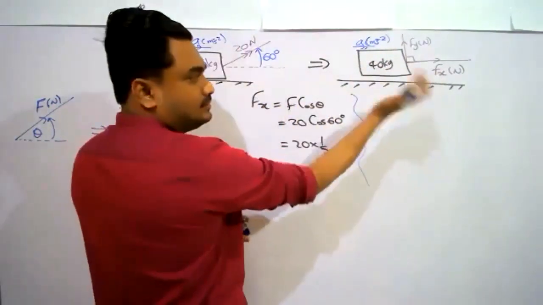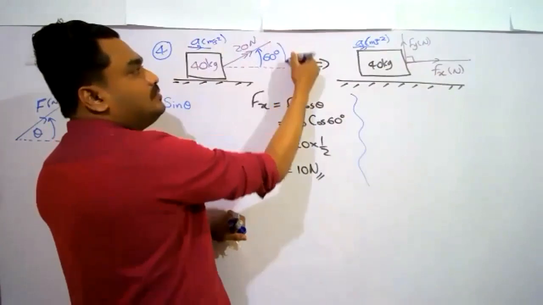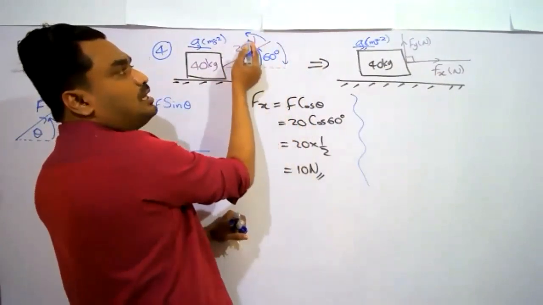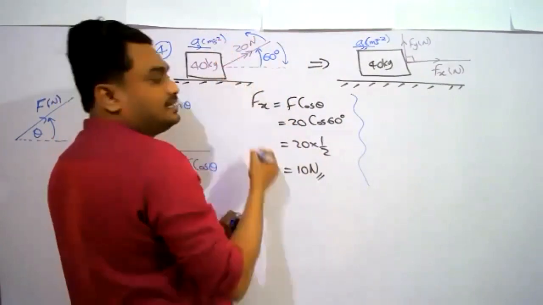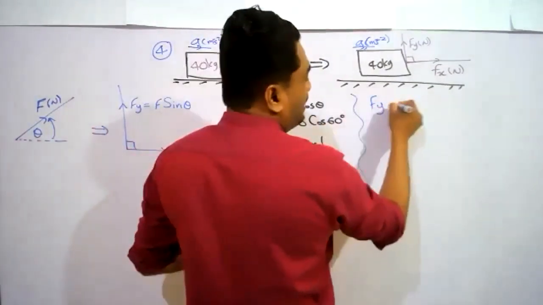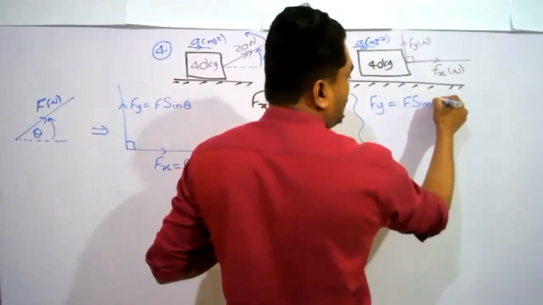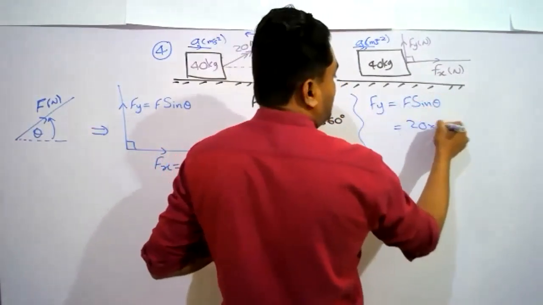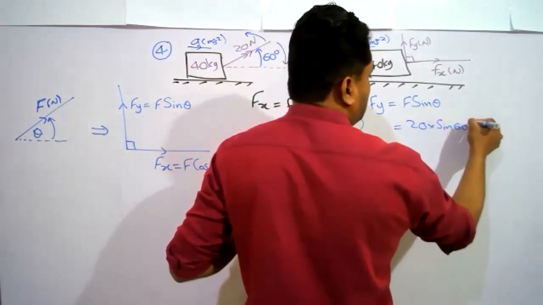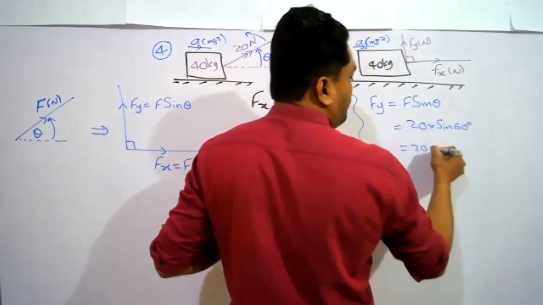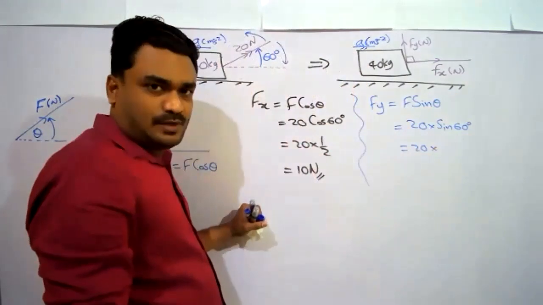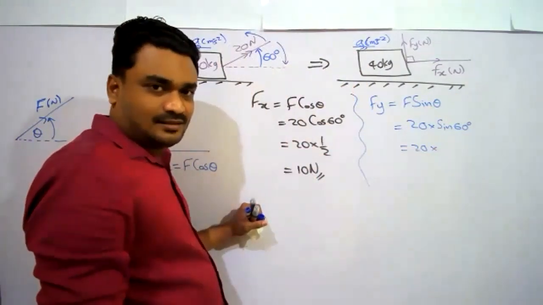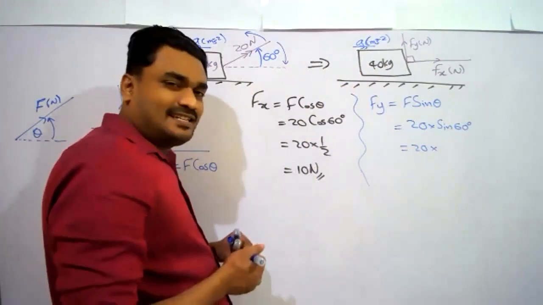Then the force component away from the angle is sine. Towards the angle means this, away from the angle means this. So Fy equals F sine, away from the angle is sine. F is 20, this is sine 60. So 20, what is sine 60 here? What is sine 60?